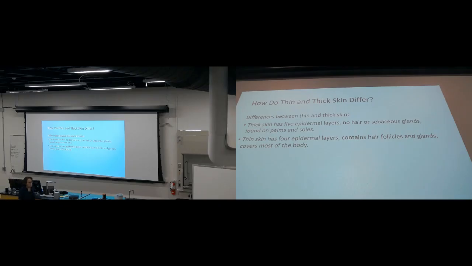And we have accessories in the thin skin as in the thick skin, but in the thick skin, we don't have hair or sebaceous glands, but we have a lot of sweat glands. Where do we have thick skin? In the palms and the soles, and thin skin everywhere else.